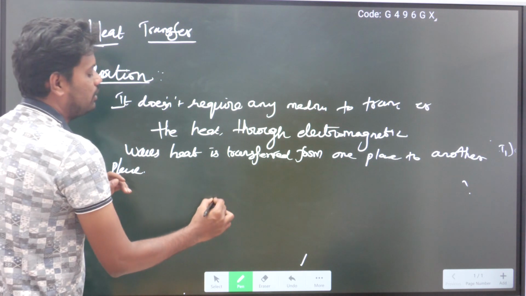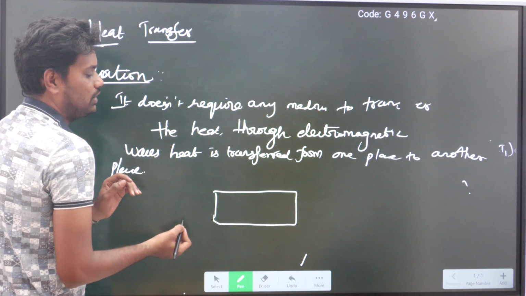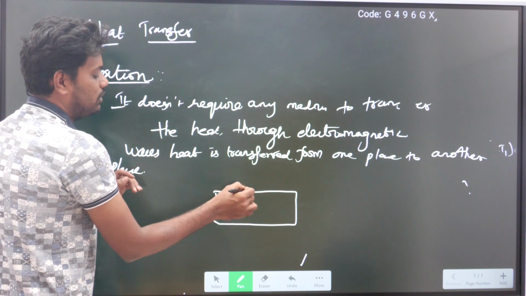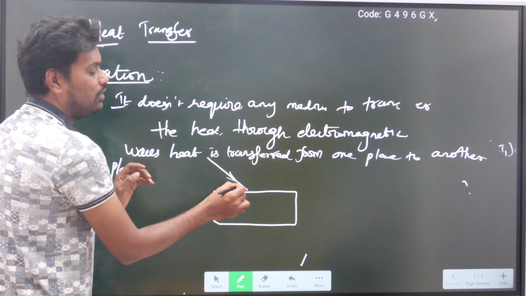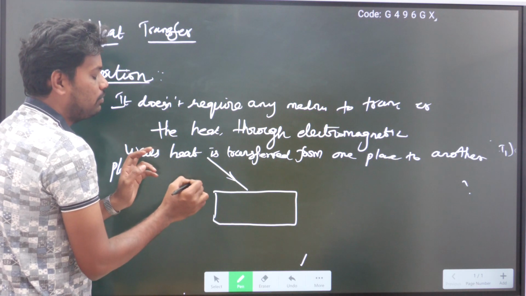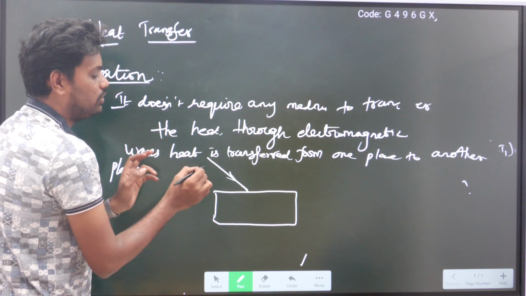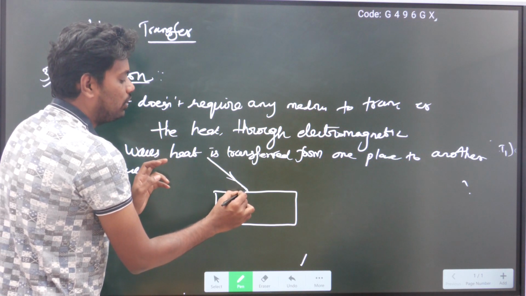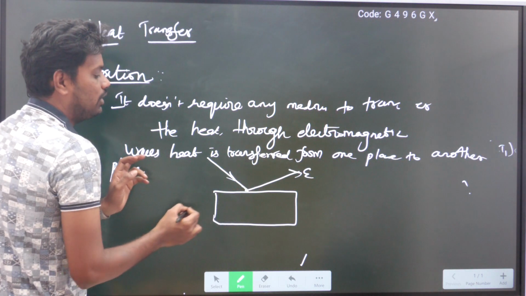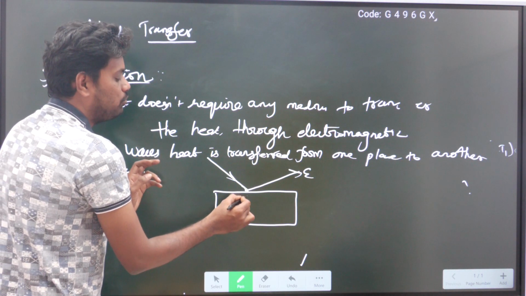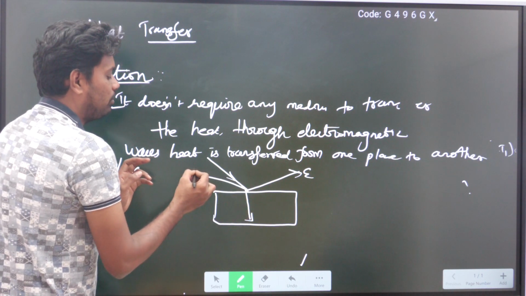In radiation there is one concept. Suppose we take a solid body, and some radiation is coming onto this body. This is the incident radiation falling on the body. Of the incident radiation that fell on the body, some amount will be emitted, which relates to emissivity, some amount will be absorbed by the body, and some amount will be reflected from the body.